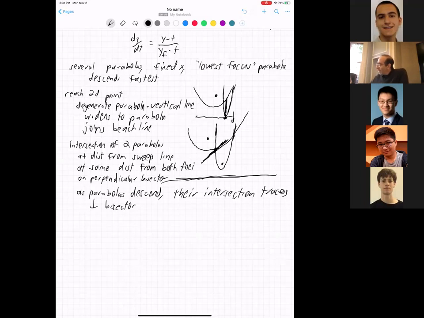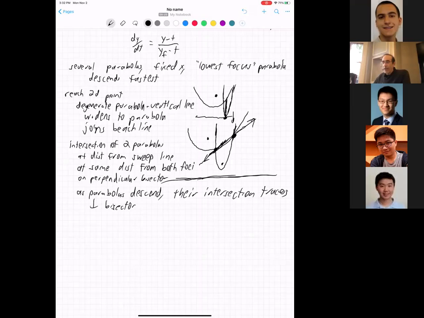Now, let me flag something interesting about this. Notice that there's another intersection point. What's that intersection point doing? It's like tracing the other way, right? That's right. If you think about it, the other point is also on the perpendicular bisector, and that intersection point is actually going to rise.